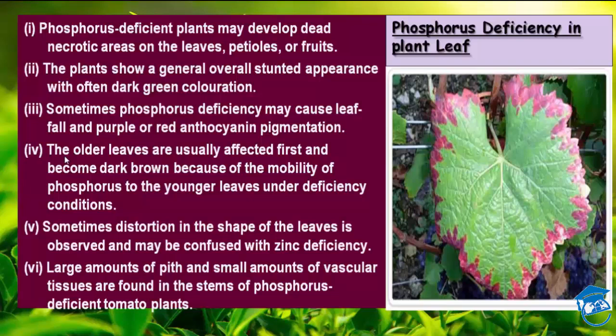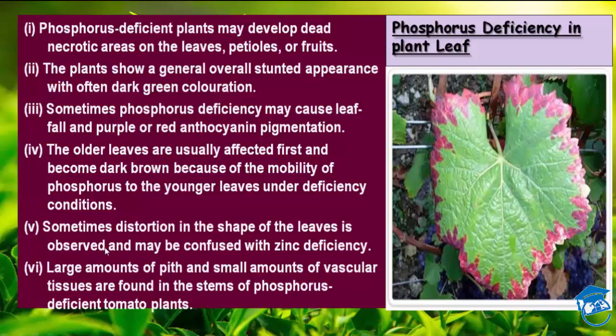So younger leaves are intact and safe, but the older leaves get affected. That's the reason older leaves are affected first, and they become dark brown.